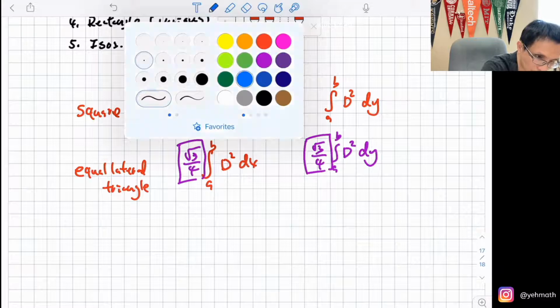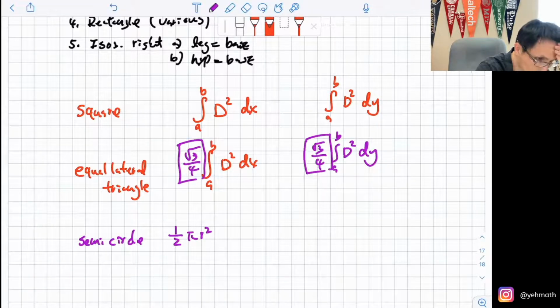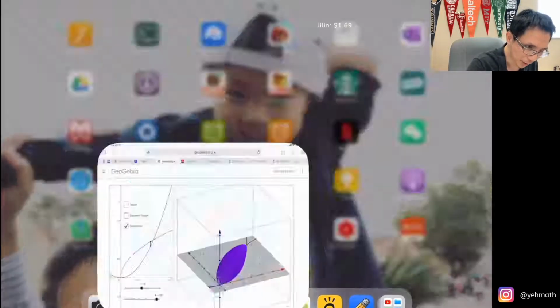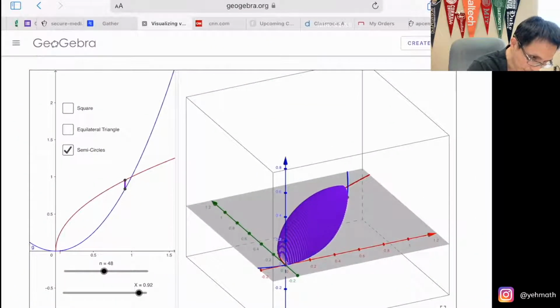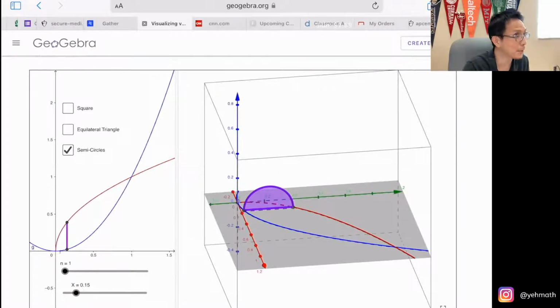It's going to have to be like pi r squared or something. Yeah, you're right. Semicircle. This is actually a good one. Is it 1/2 pi r squared? Yes, 1/2 pi r squared. That's where they start, right? So then you're going to lead to the integration of 1/2, so pi over 2 in the front, between a to b of r squared. But wait, hold on a second. Let's go back and look at the shape here. If it's a circle, then that is not a radius. It's actually a diameter, because it's the diameter of a semicircle.